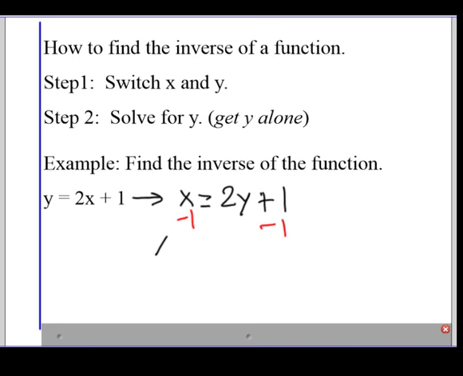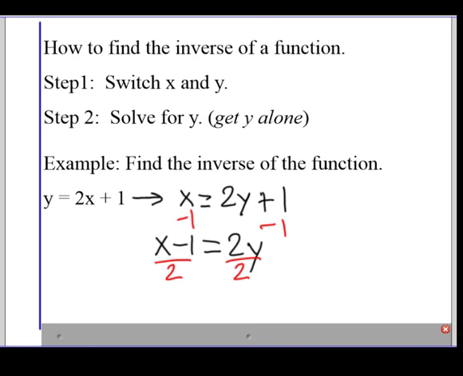I end up with x minus 1 equals 2y. And now in order to get the y alone, which has a 2 being multiplied to it, let's divide by 2, because that's the opposite of 2 times.